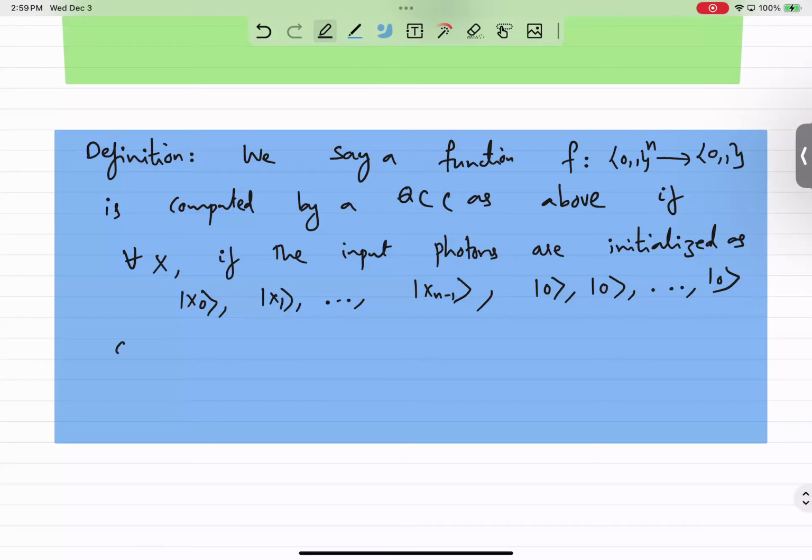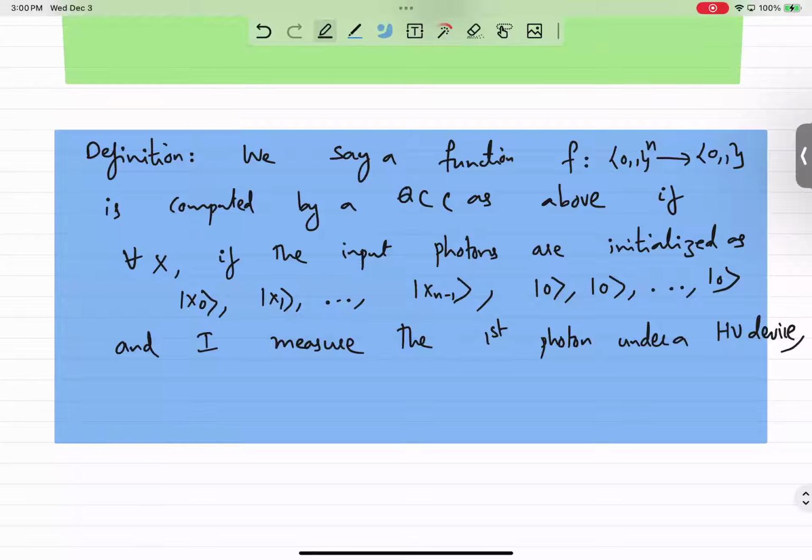Okay. And I measure the first photon under an HV device. Okay.